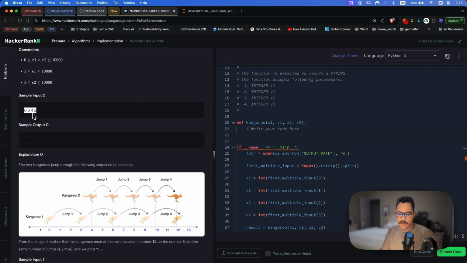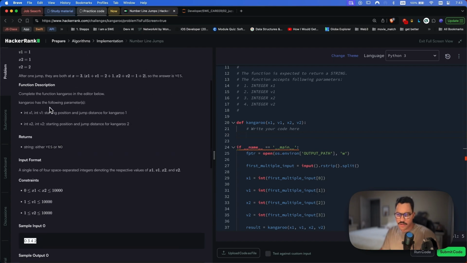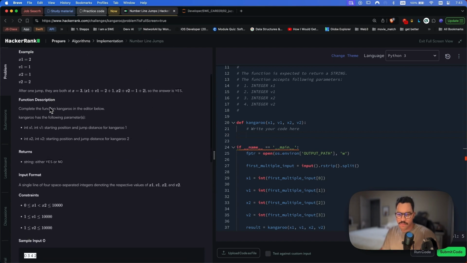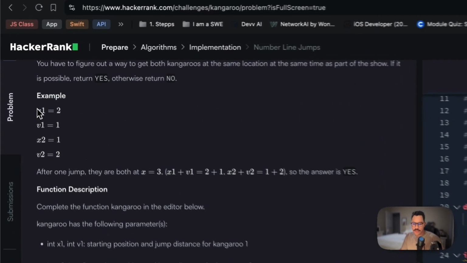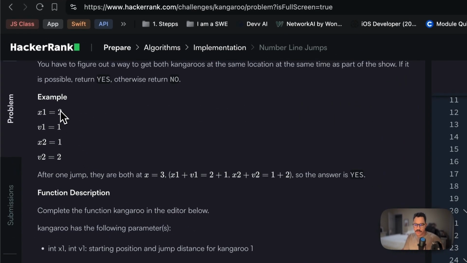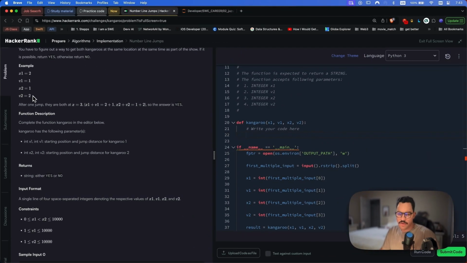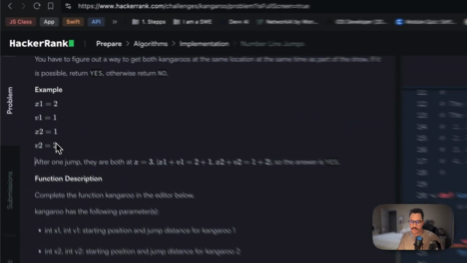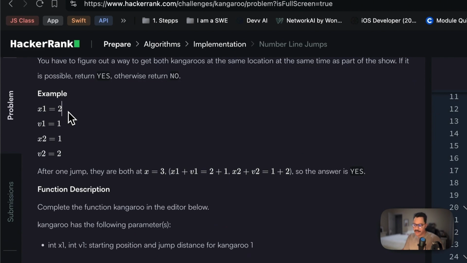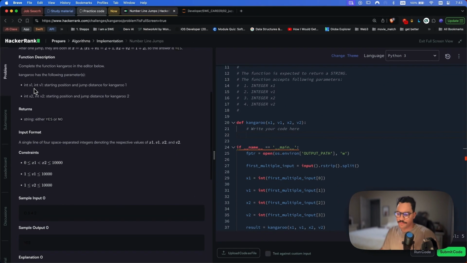The second kangaroo started ahead of the first kangaroo, but his speed is slower. That's what they're mentioning here. We see that one kangaroo is going to be faster and the other one is going to be ahead in position.